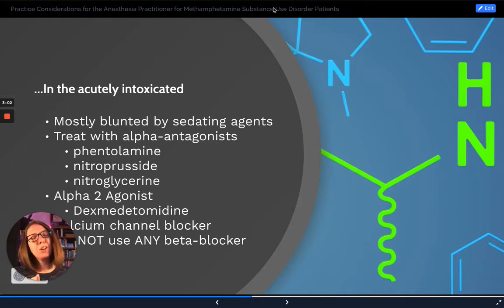So I'm going to have to go with what the majority of the literature says, and the majority of the literature says do not use any beta blockers. However, Dr. Richards, if you want to go ahead and email me, I would love to talk about this. So if you guys see this in a future video, we might be updating our recommendations for what to use for hypertension. In the meantime, no beta blockers.